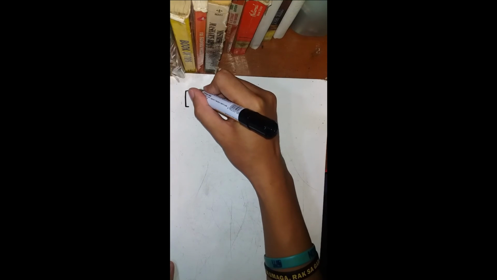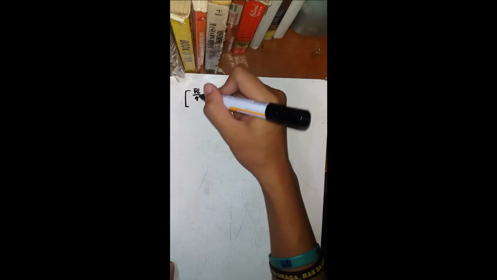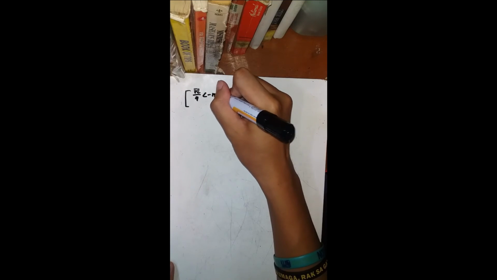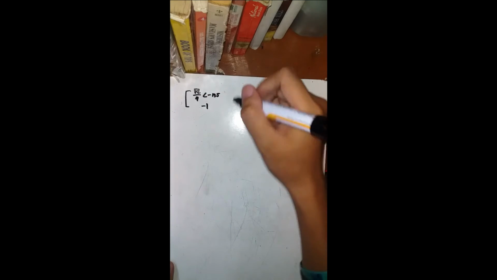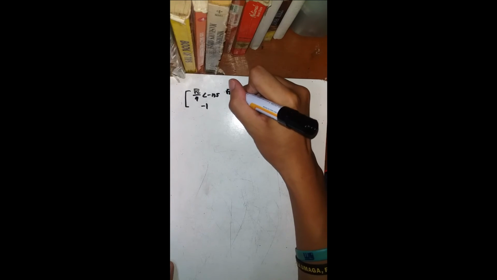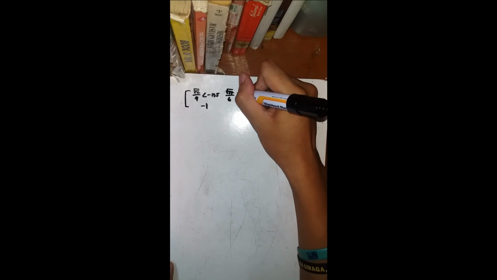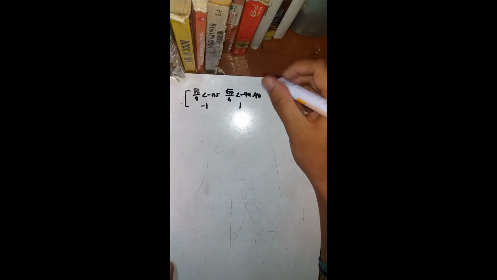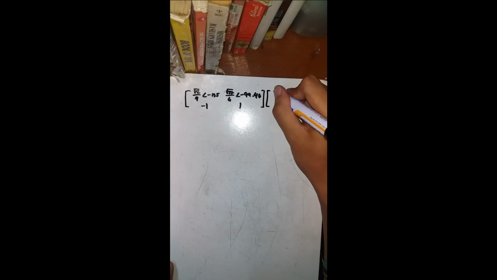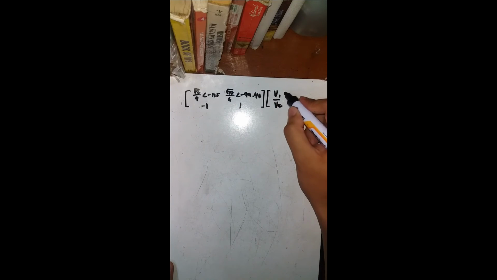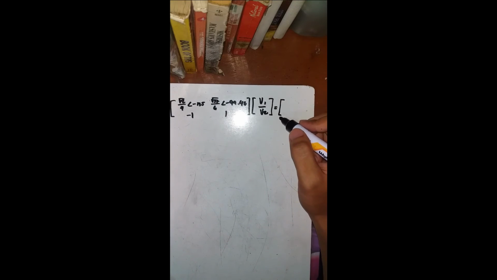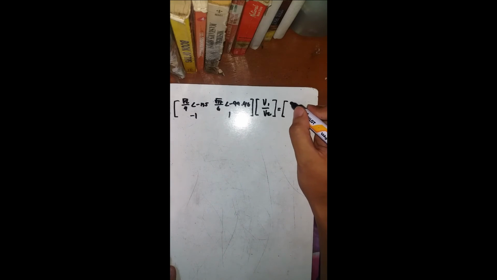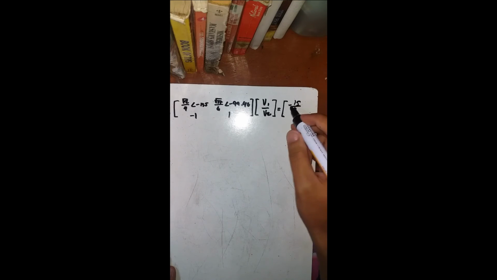So let's put here square root of 2 over 4 angle of negative 135 and negative 1, and here we have square root of 37 over 6 angle of negative 99.46 and 1, times your V1 over V2, equal to your negative 15 over 4 and your 20 angle of 60 degrees.